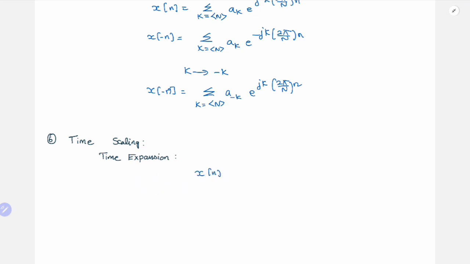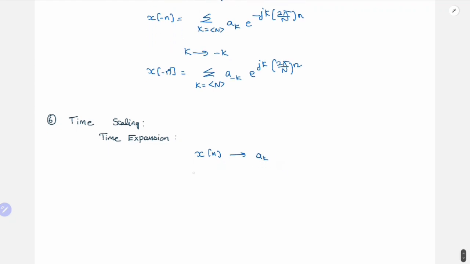So x of n, if it gives a_k, what about x of n by m? And again, this n by m need not be an integer. So what we'll do, we'll consider some signal like this. This is equal to x of n by m if n is a multiple of m, or 0 otherwise.